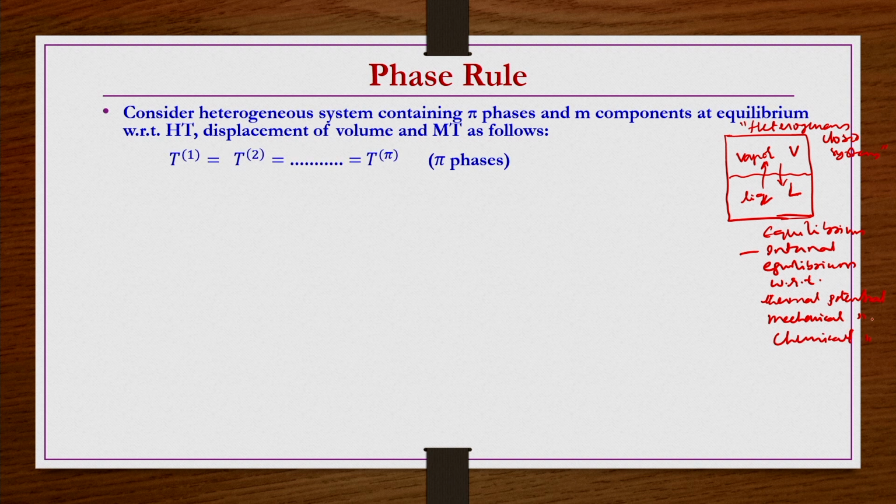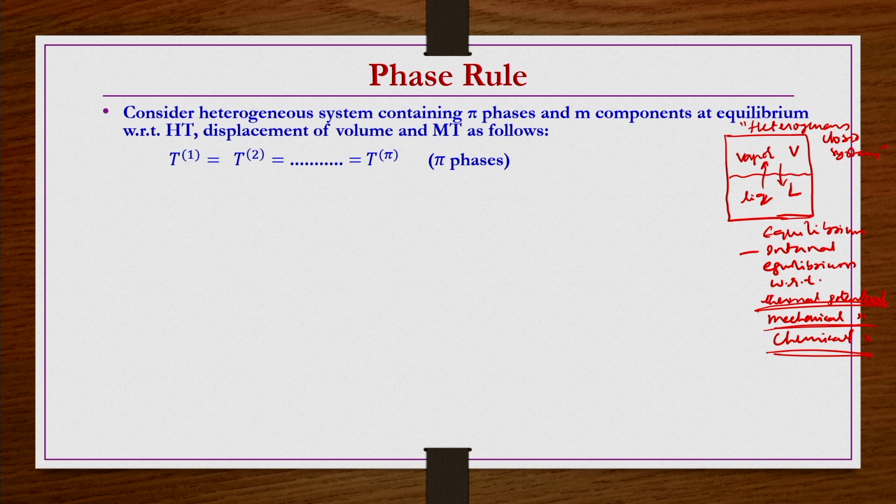That means thermal equilibrium is established, mechanical equilibrium is established, and chemical equilibrium has also been established within this heterogeneous system. Then we can say that the heterogeneous system is at equilibrium.